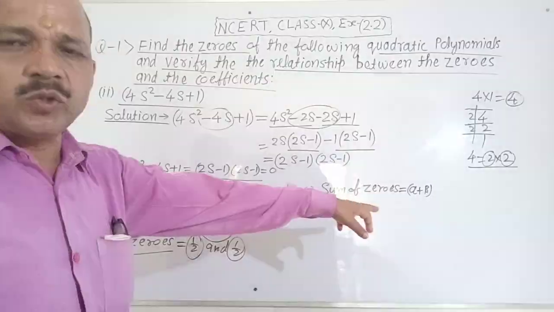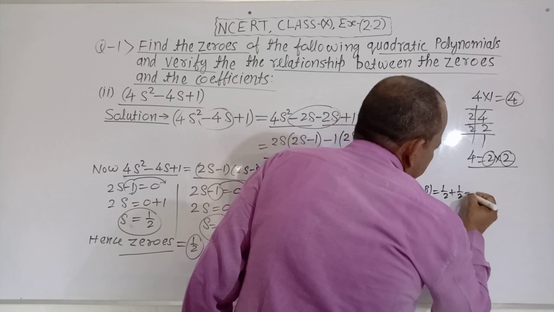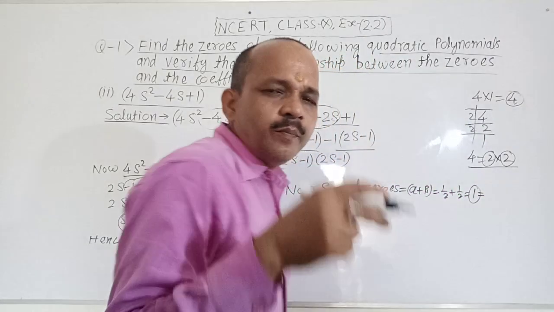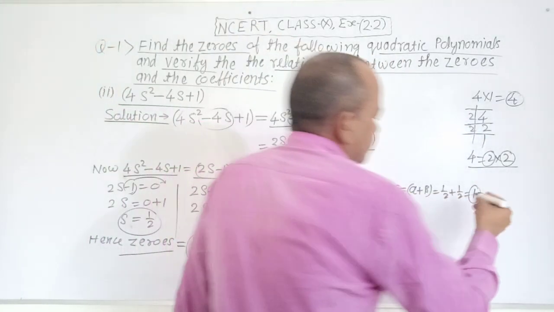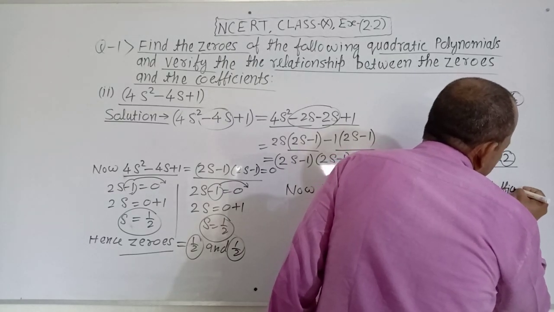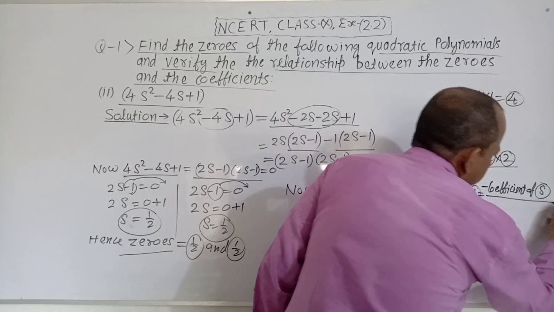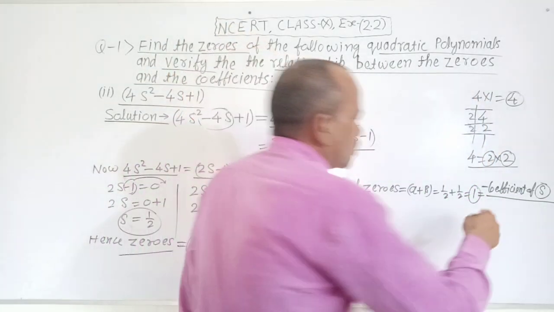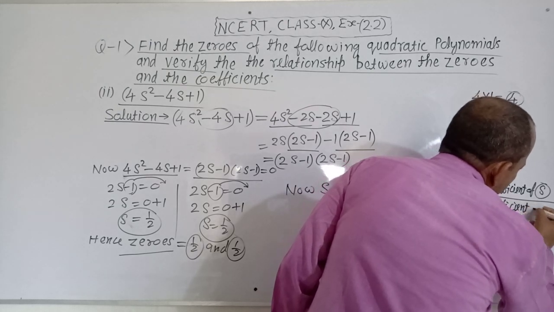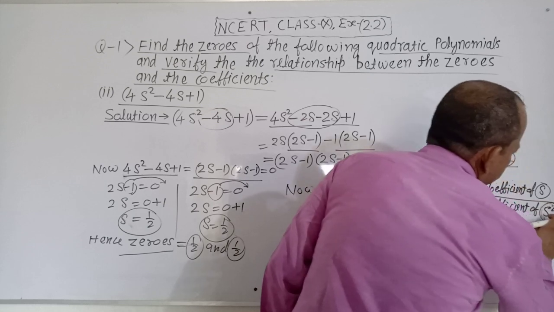Sum of zeros equals alpha plus beta equals half plus half equals 1 equals minus coefficient of s upon coefficient of s square.